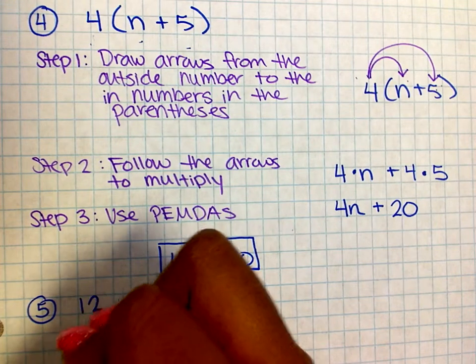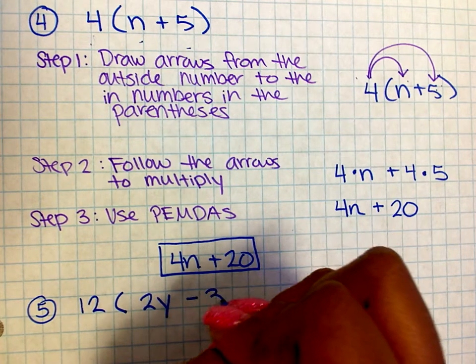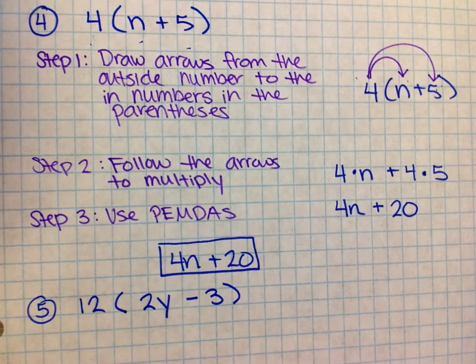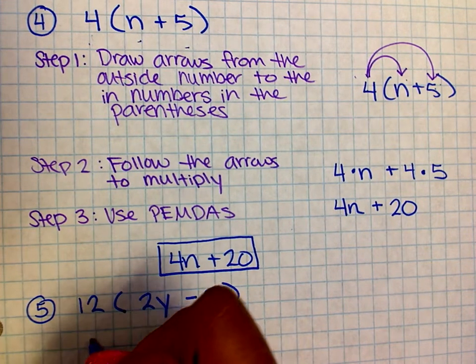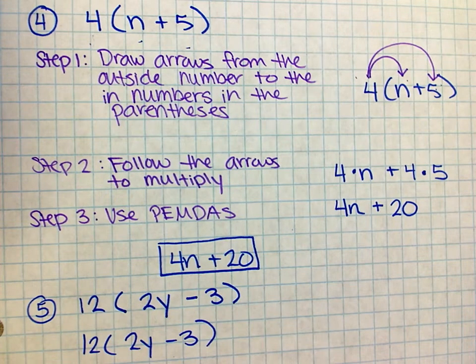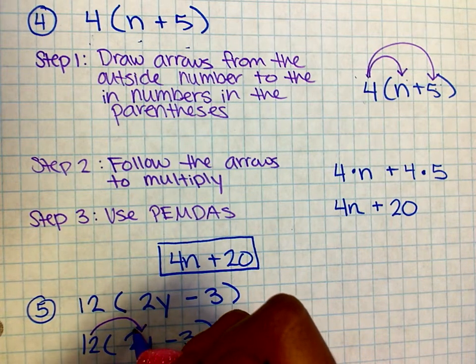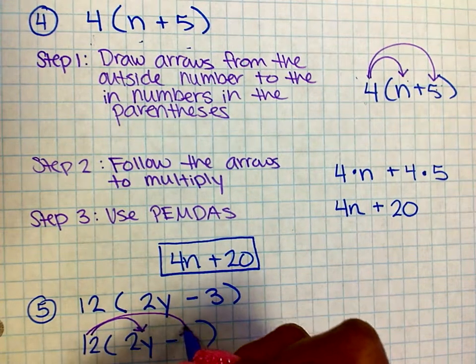So you might have something like 12 parentheses 2y minus 3. I like to draw my arrows because that tells me what to multiply. 12 times 2y and 12 times 3.